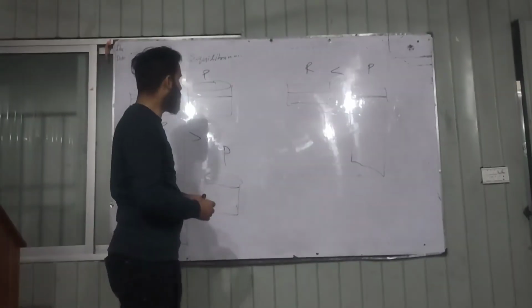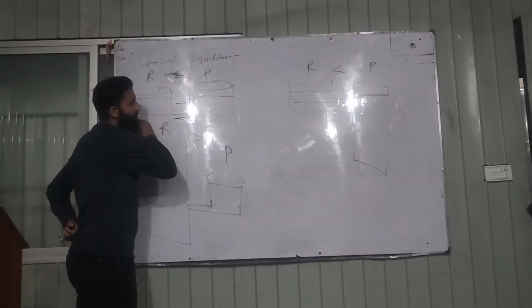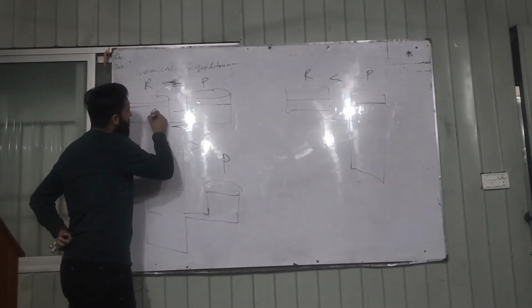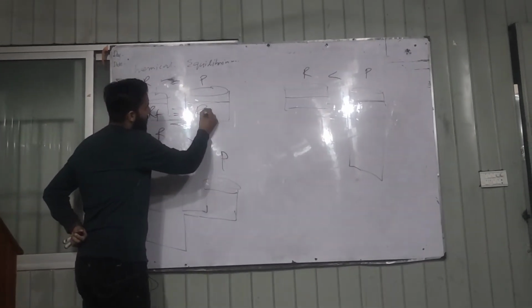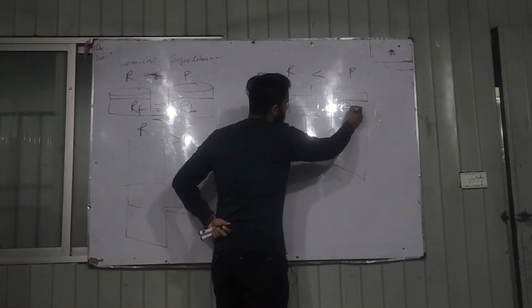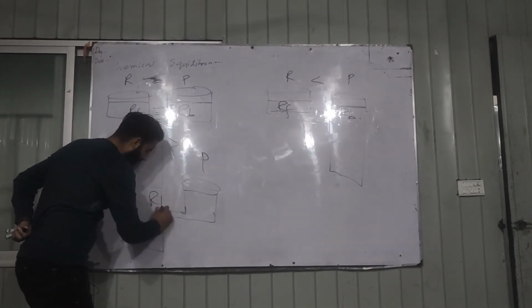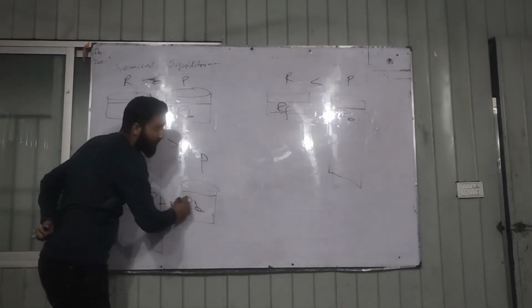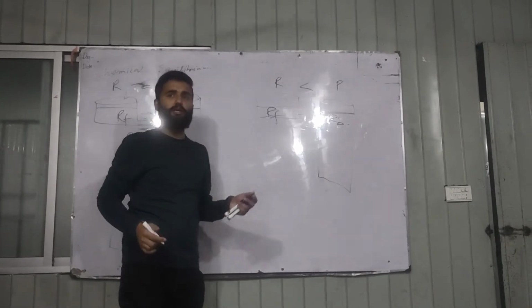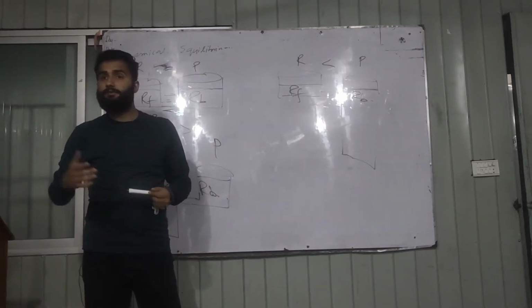What happens in all three cases? The rate of forward reaction and the rate of reverse reaction become equal. So RF becomes equal to RB here, here also, and here also. When the rate of forward reaction becomes equal to the rate of reverse reaction, that is called equilibrium.